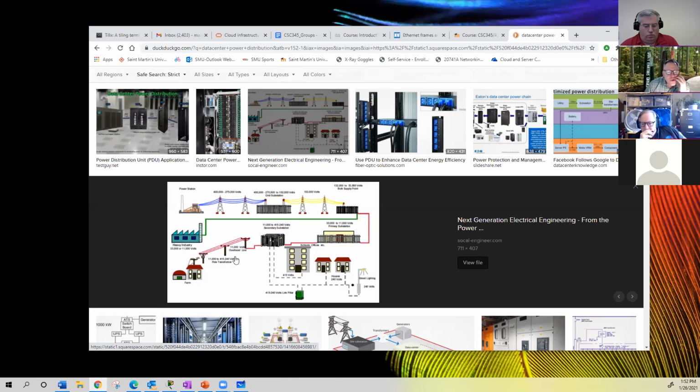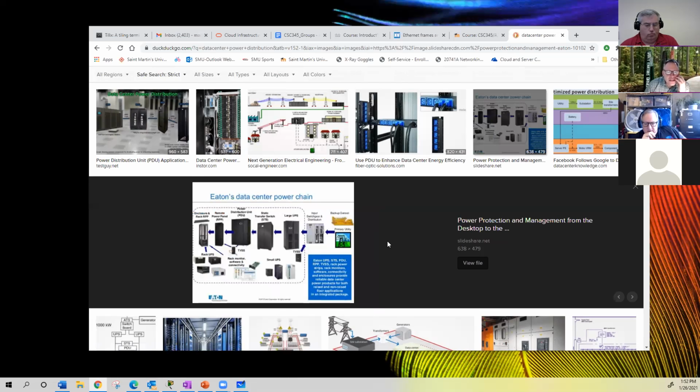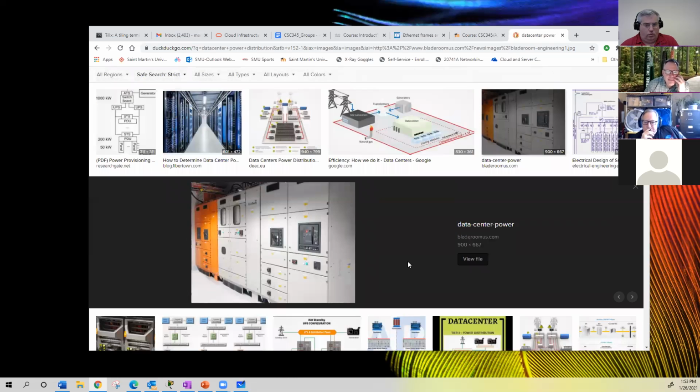Heavy industry also gets it from the high end, and then it gets broken down in your data center. These pieces of equipment look like this. High power lines come into your data center, and this is broken down into voltages that your IT equipment can utilize.